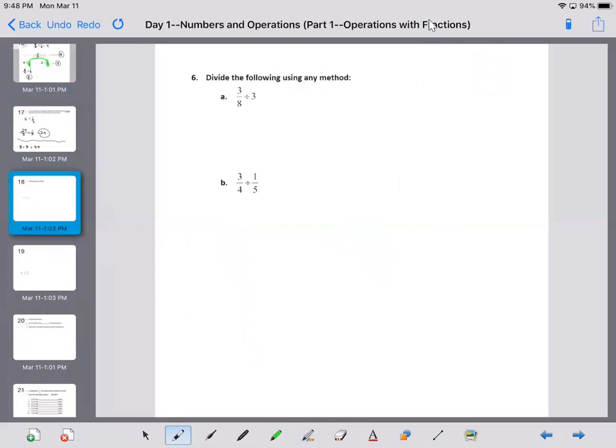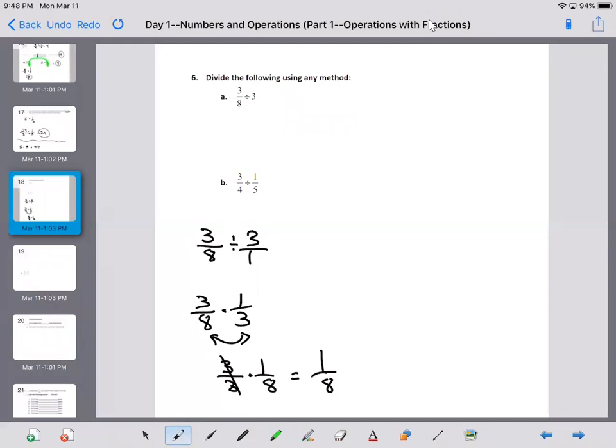All right, so by any method you would like, so if I have 3/8 and I want to divide it by 3, I could use the reciprocal method and do 3/8 multiplied by 1/3. I could switch these two and make it 3/3 multiplied by 1/8. Those would divide out. Your answer would be 1/8. If you wanted to use common denominators, how many eighths are in 1 whole would be 8.